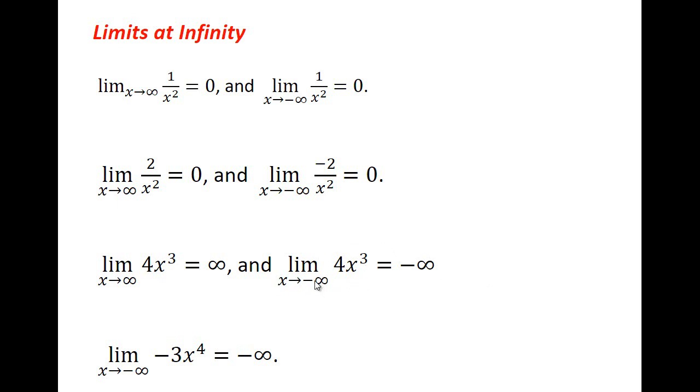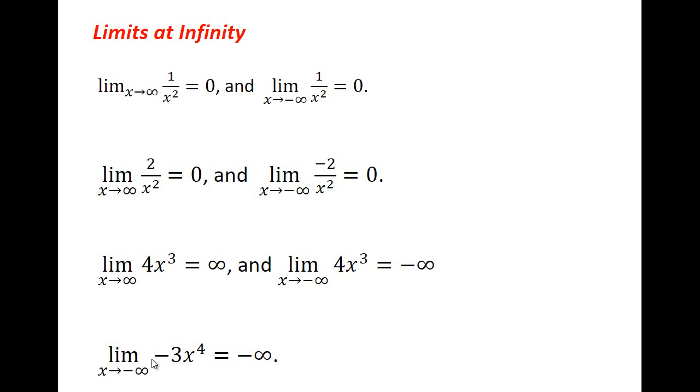So as x decreases without bound, 4x cubed also decreases without bound. That is, I can make this as big and negative as I like by choosing x suitably large and negative. So this limit is negative infinity.